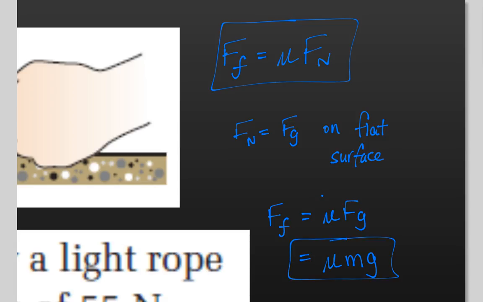So there's a formula that we can have ready in our minds when we go to use the force of friction. It's just mu mg for flat surfaces. We'll see later, like when maybe we have a pulley hooked up to an inclined plane, that the force normal is not exactly mu mg. So this is only true for a flat surface.